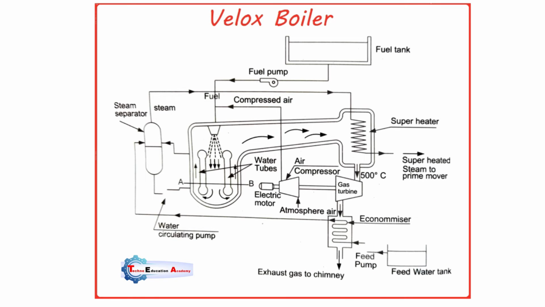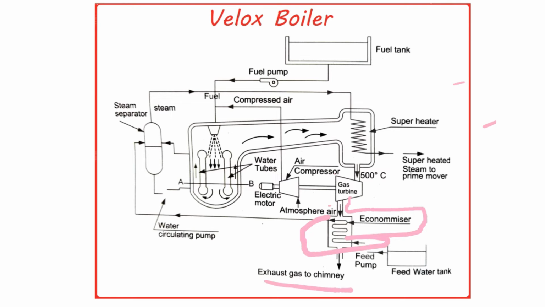The gases coming out of the superheater are at a higher temperature, around 500 degrees Celsius. This gas is allowed to expand in the gas turbine, which is used to drive the air compressor, and finally the turbine exhaust is passed through the economizer to preheat the boiler feed water, and then discharged at around 90 degrees Celsius and 120 meters per second to the atmosphere.